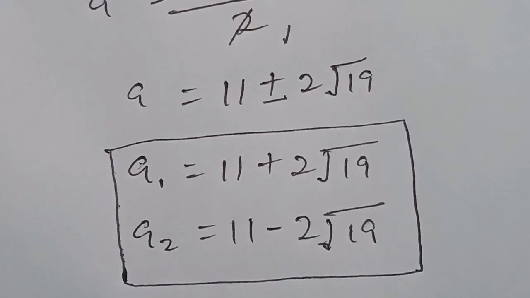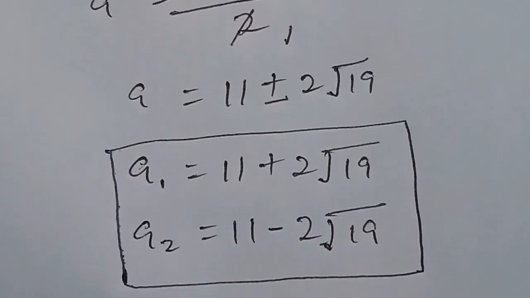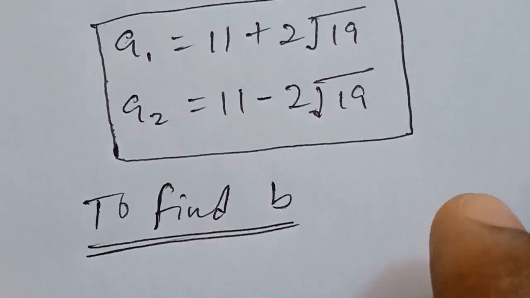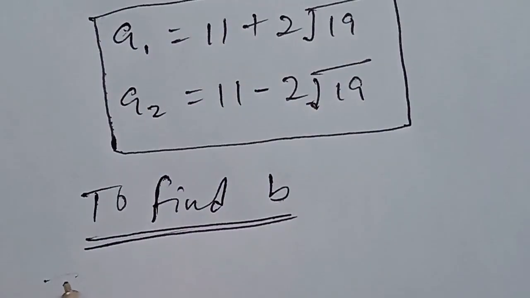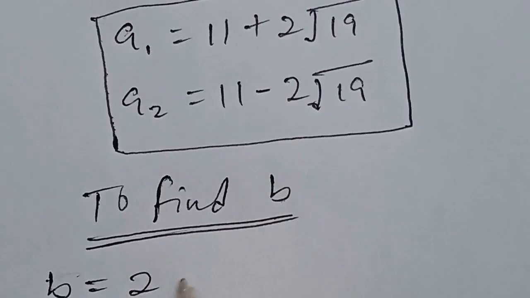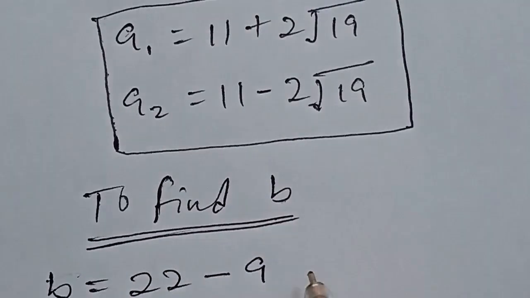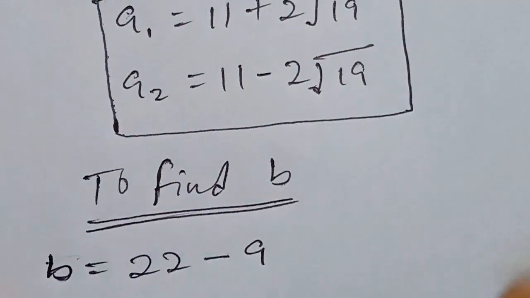Then we can now find the value of b. So to find the value of b, we apply equation 3. So equation 3 implies b equal to 22 minus a.